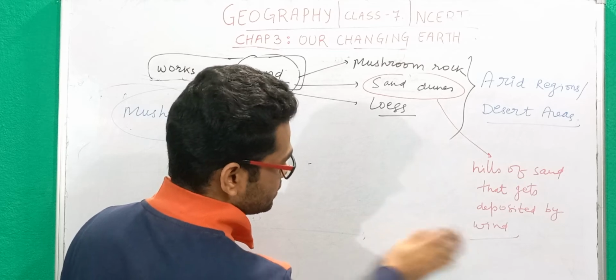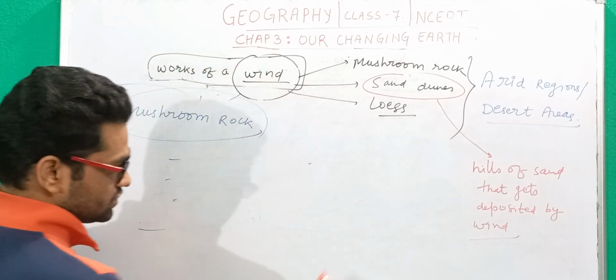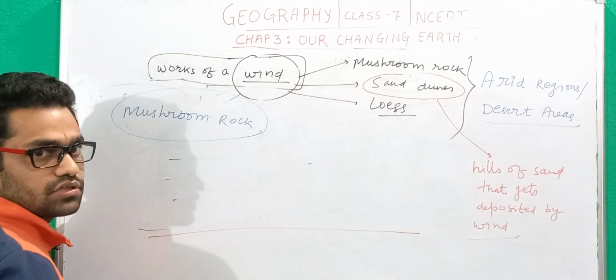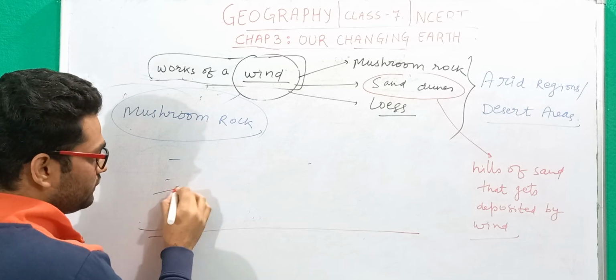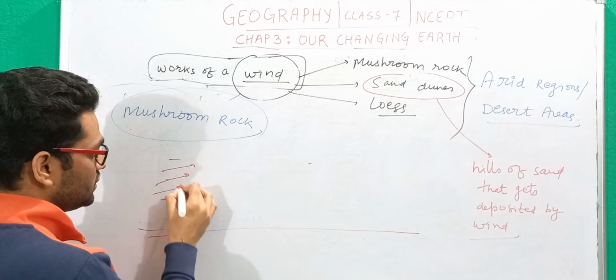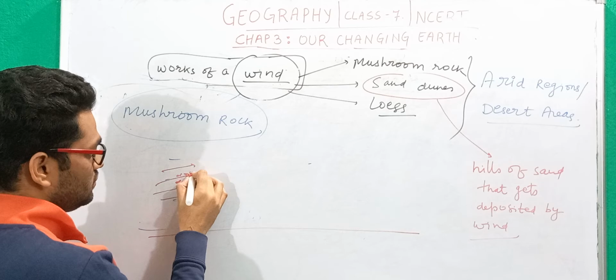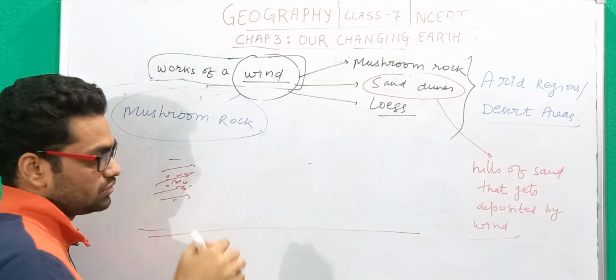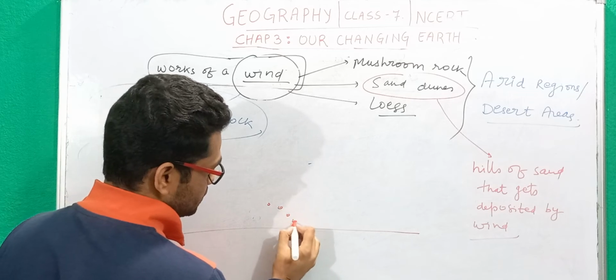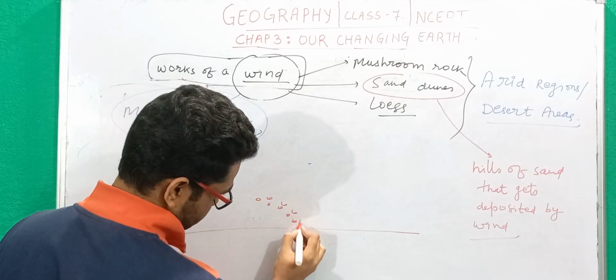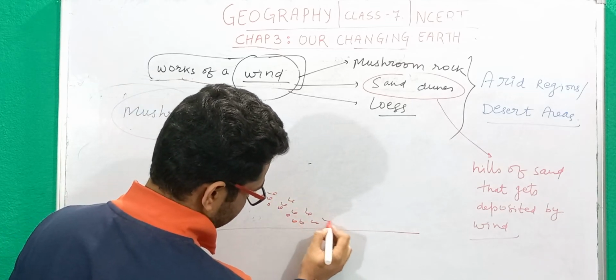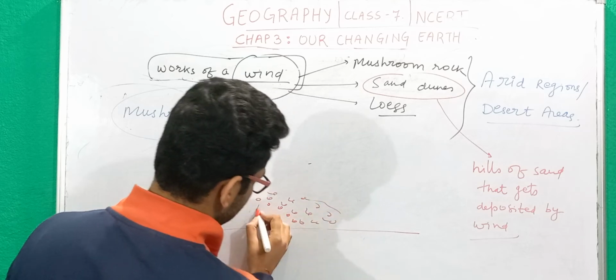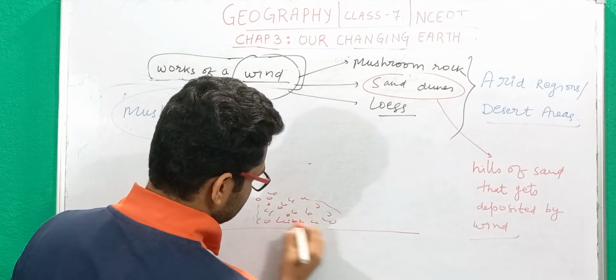What happens in sand dunes formation? Suppose this is the desert, and when wind flows it carries along with it sand particles, and when the speed of wind goes down, these sand particles start getting deposited in such a manner. In such a manner you will see that sand particles get deposited.